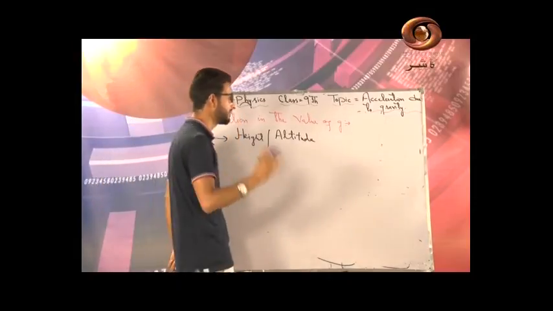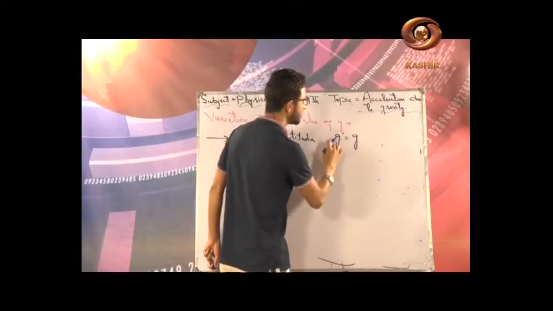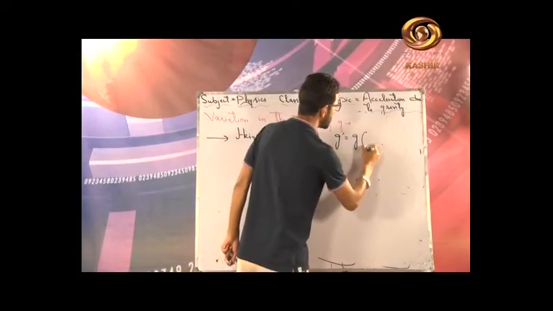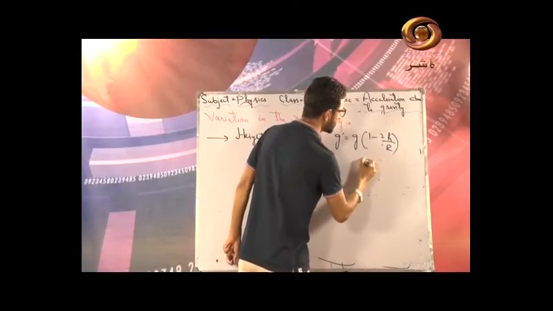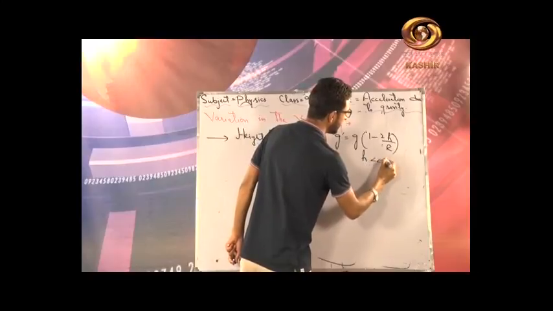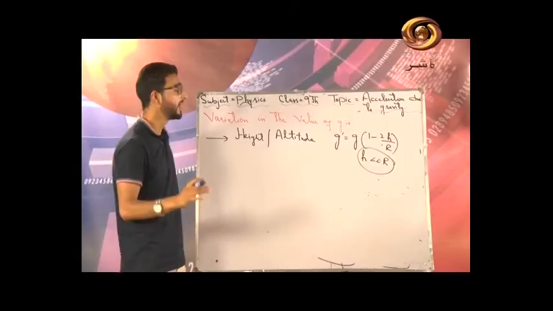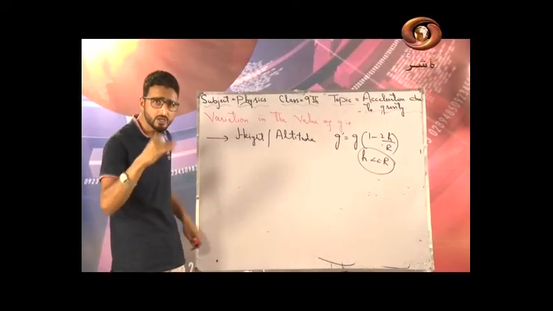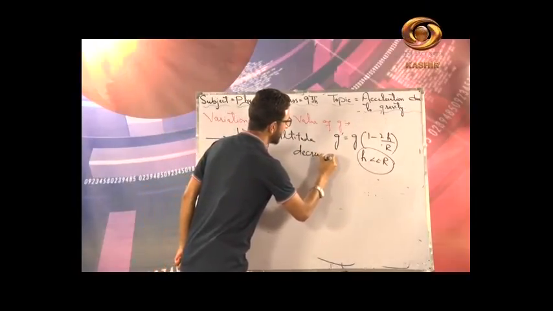How it depends, I already told you, I will just give the expression. g prime is equal to, I mean g prime is the acceleration due to gravity at some great height, g prime is equal to g into 1 minus 2h/r, and this expression is only valid when the height is very much less compared to the radius of the Earth, okay? And this point I must tell you: with height or altitude, this acceleration due to gravity decreases, right?